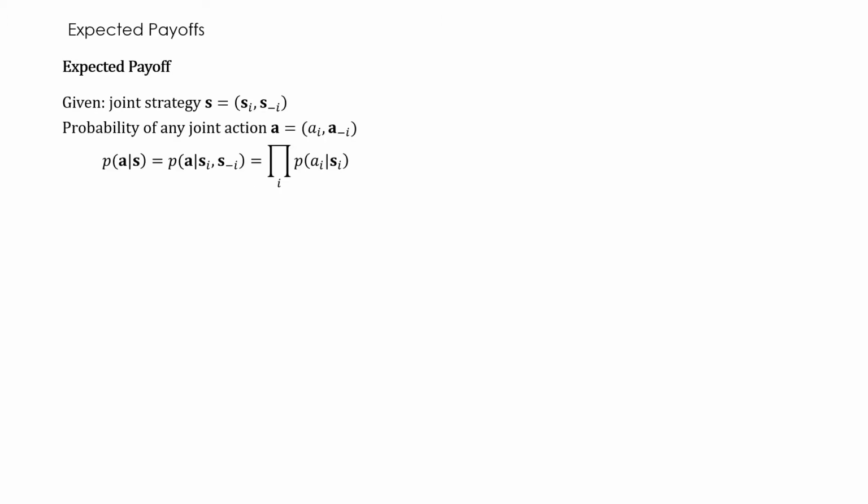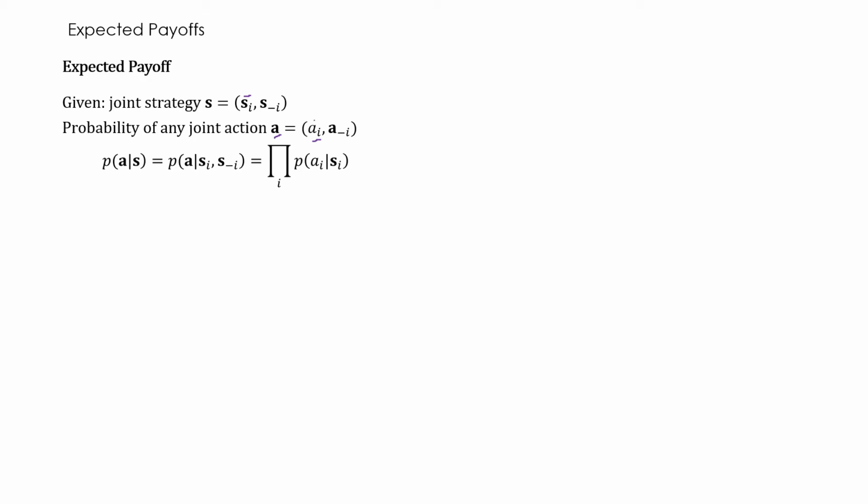Expected payoffs. We've seen informally how to compute the expected payoff given joint strategies for a bimatrix game previously. Now, given any joint strategy S, what's the probability of the joint action A? Obviously, each individual agent's action A_i must be in the support of its strategy S_i.